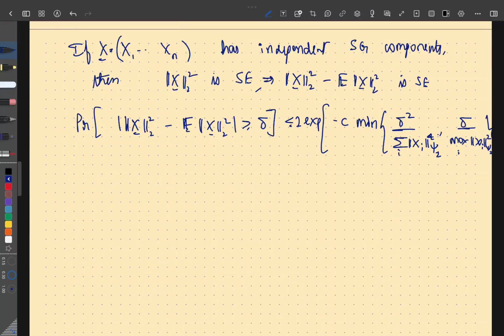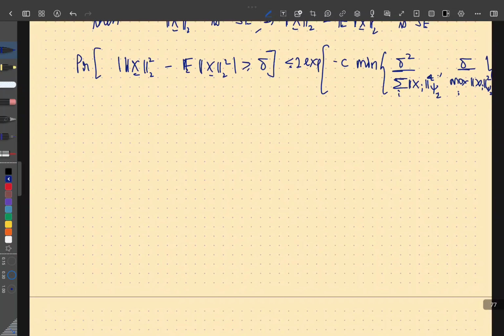But even before we proceed, let's stare at this inequality and try to interpret it to see what happens. So let me rewrite this in the following manner. Let's take the example of a Gaussian, just to be a little more concrete.